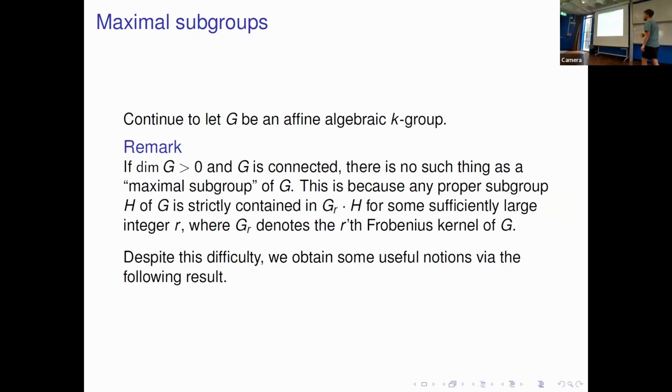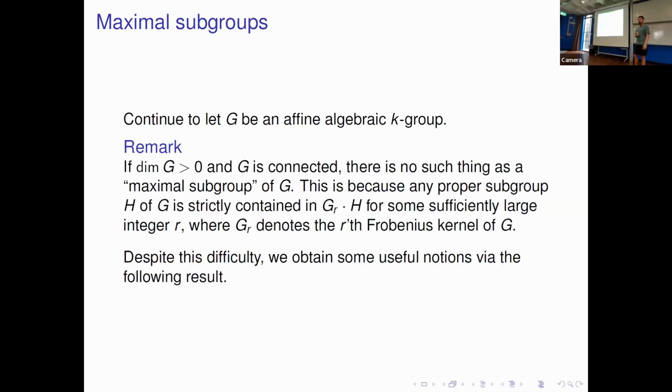Why? Because you take any proper subgroup, and then you take a sufficiently large Frobenius kernel, and you take the product here, nothing's going to be bigger. The reason is that the Frobenius kernels are schematically dense in G, so the schematic union of all of them will equal G itself. There's no such thing as a maximal subgroup.